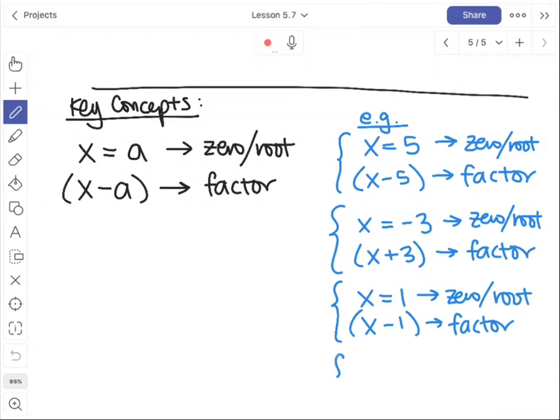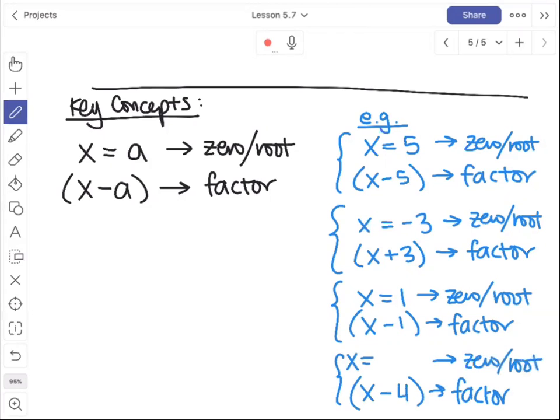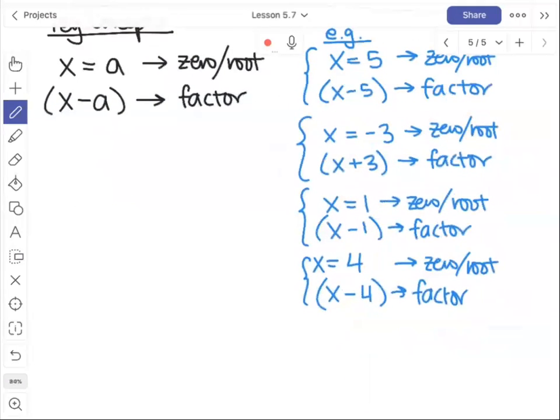All right, let me go the other way. If x minus 4 is a factor, x is equal to what must be a 0 or a root? Michael? I'm sorry, could you repeat that? If x minus 4 is a factor, x is equal to what? The root would be 4. Would be 4, exactly. Nice. Let me do one more, and I'm gonna see if I can make it a little more difficult.